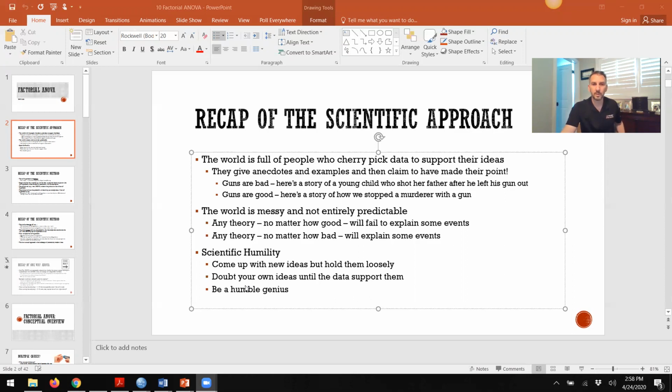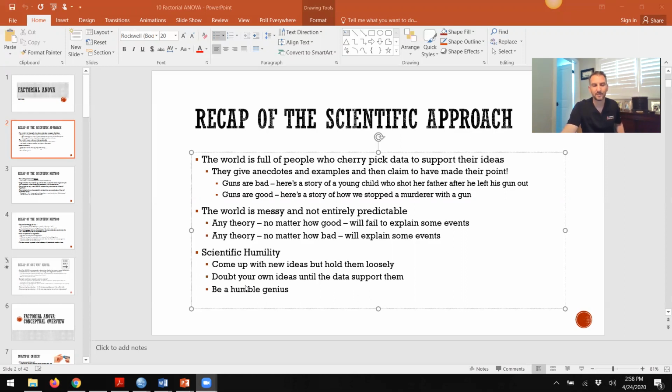So that humility is so crucial, and I think we live in a world where corporate executives and tech industry people come up with these ideas and they don't have this scientific mindset of saying, all right, that's a great idea, let's test it and make sure that it works. Some corporate executives, some tech industry people do this.